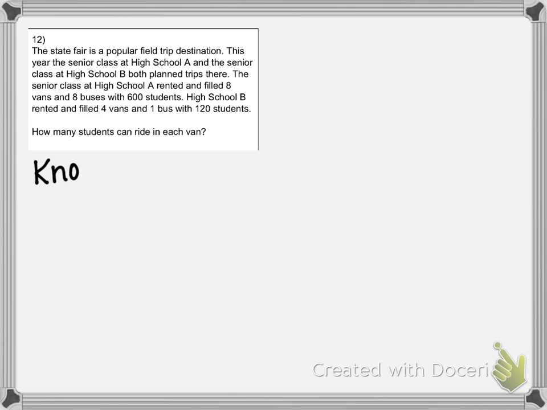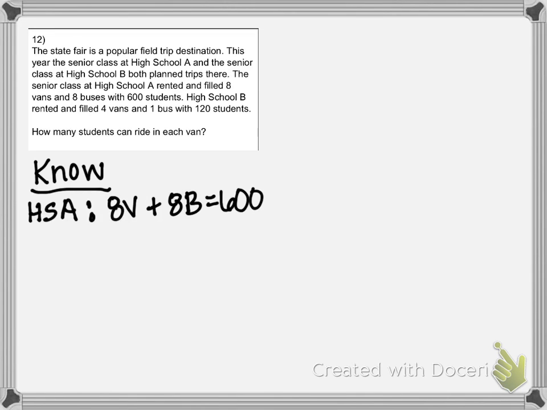So what do we know? Well, we know we have 2 high schools, and in high school A, we know that they took 8 vans, 8 buses, and they took a total of 600 students. So we also know that high school B, they took 4 vans and 1 bus, but they only took 120 students.